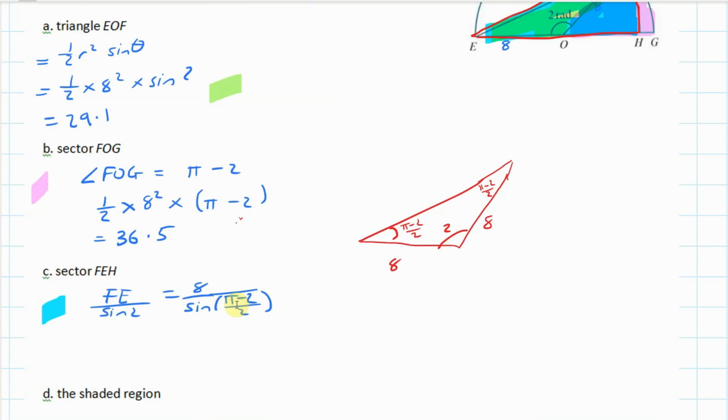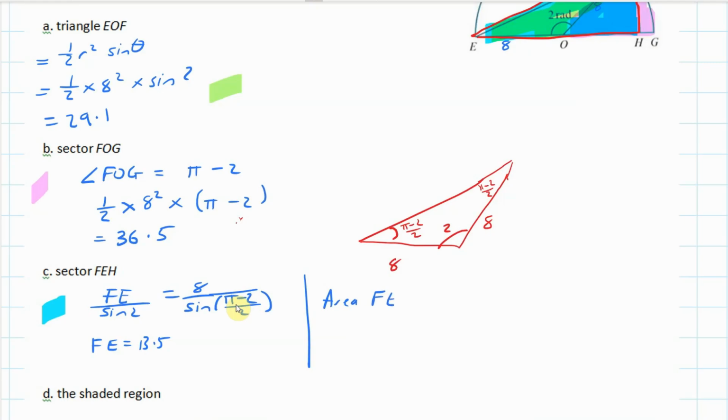And I'm getting a syntax error because I've probably stuffed something up. Oh, I think I need another bracket. There we go. Yep. And I'm getting 13.5. So I'm going to save that as well. FE equals 13.5.